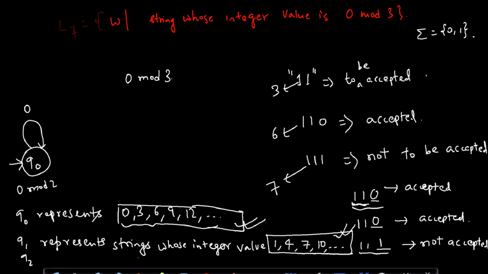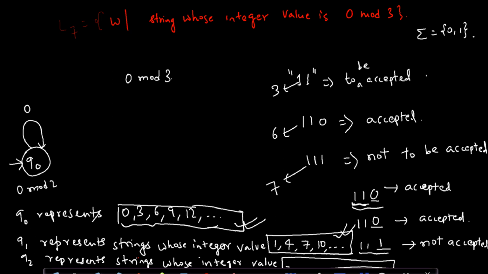Similarly, Q2 will be there, which will represent strings whose integer value is 2, 5, 8, 11, and so on.